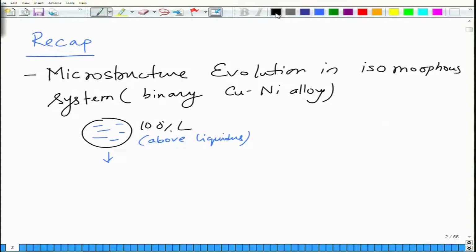to an intermediate state between liquidus and solidus, where you have these chunks of alpha phase. So this is alpha phase and this is liquid phase.